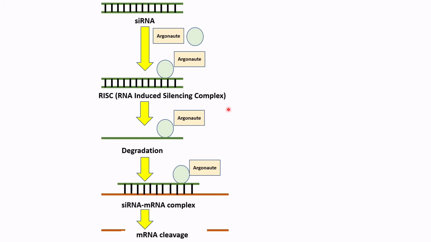Once siRNA is a part of the RISC complex, it is unwound to form single-stranded siRNA. One strand gets degraded. The remaining single-stranded siRNA, which is a part of the RISC complex, scans and finds a complementary mRNA.